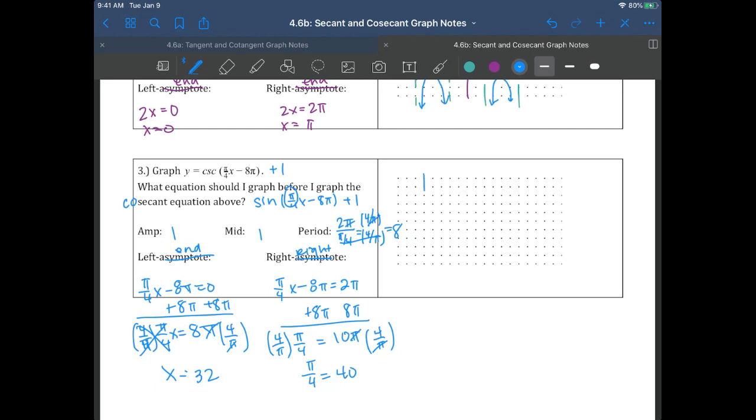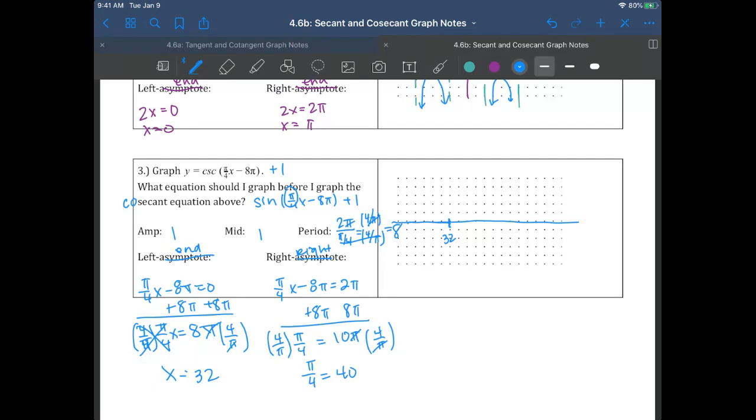So I think I'm going to go ahead and take out my x-axis. That's what I'm going to do. So what I'm going to do is just start here on x equals 32.